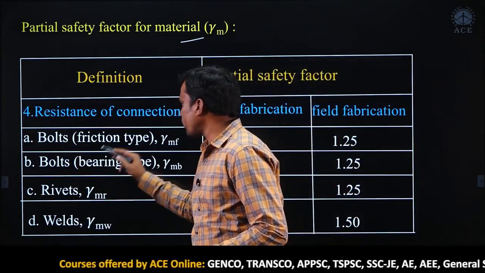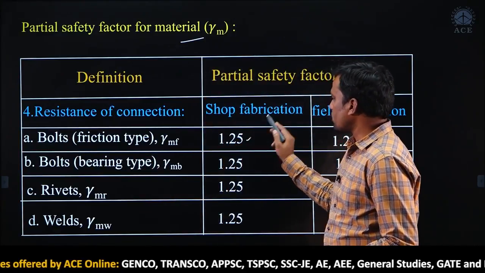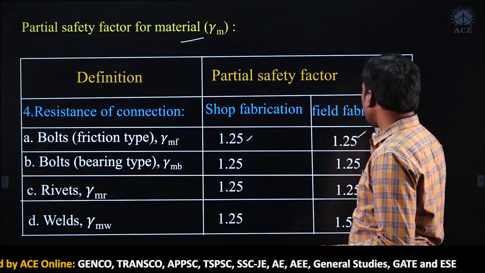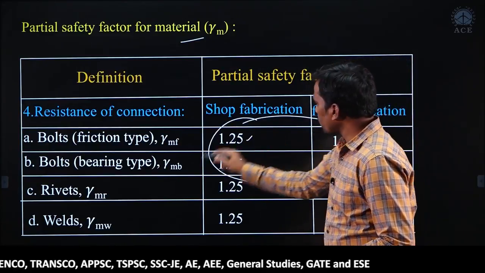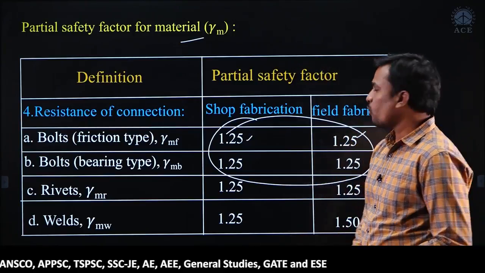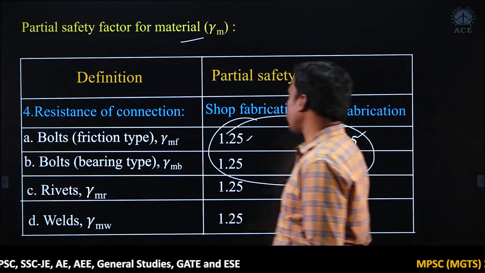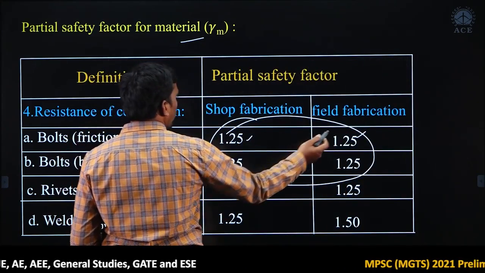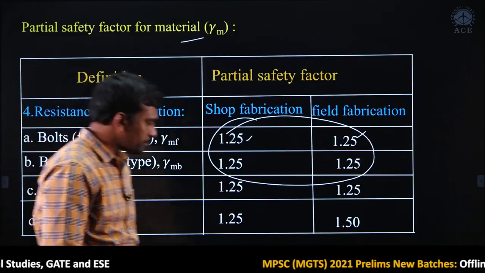For bolt, friction type or bearing type, the values are the same, whether shop fabrication or field fabrication. For all these cases, the partial safety factor is 1.25 only.